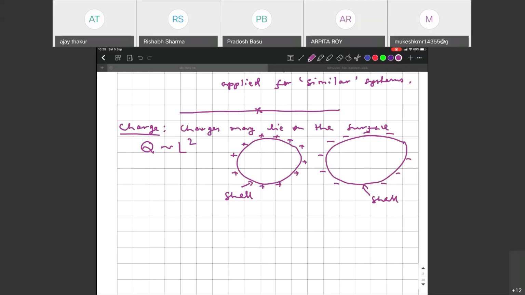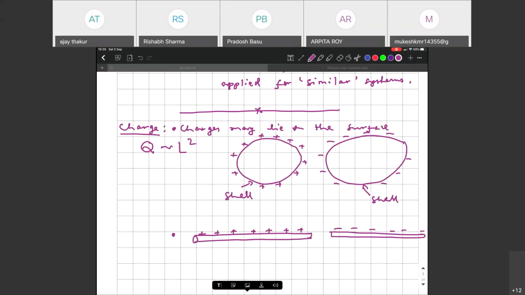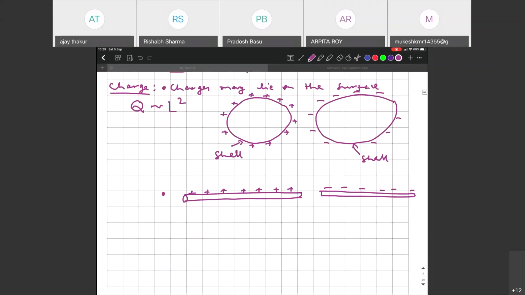But there is also a scenario where we are talking about, say, a nanotube, and over here the charges may actually lie along the length.